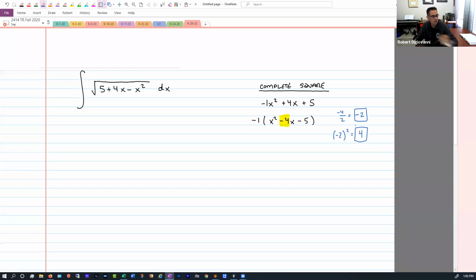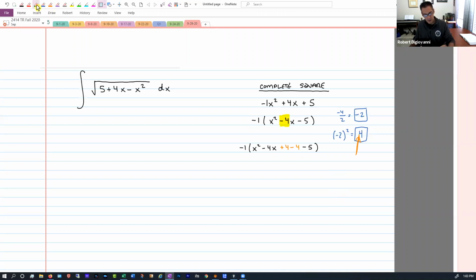And then this is where we'll realize the hidden 0. So we've got x squared minus 4x, and then here comes the hidden 0. The hidden 0 is going to be +4 minus 4. So I'm just taking that number and I'm adding it and subtracting it. And then we still have the -5 there. All right.